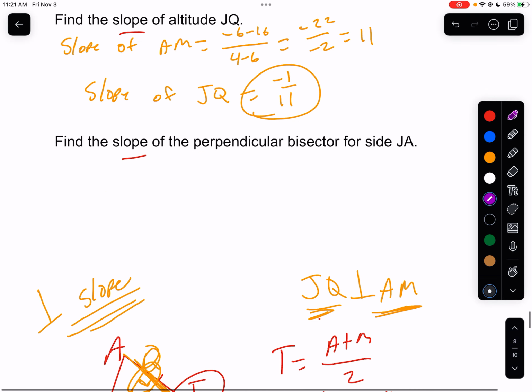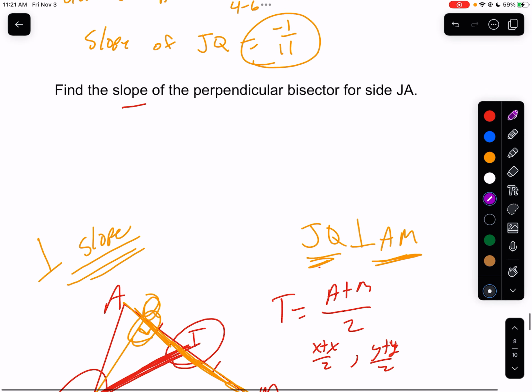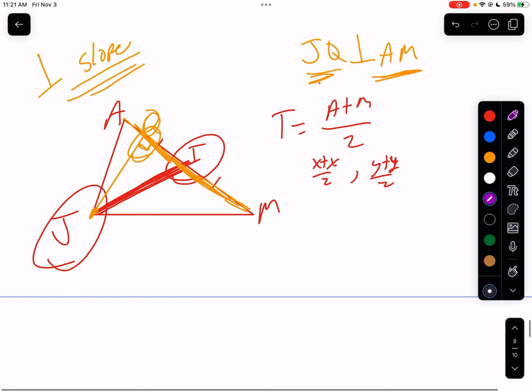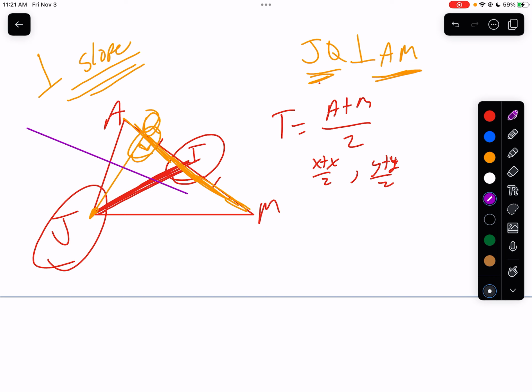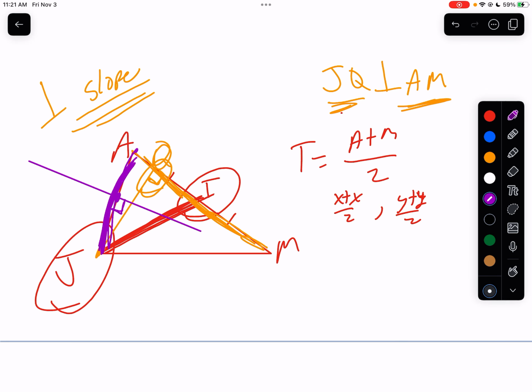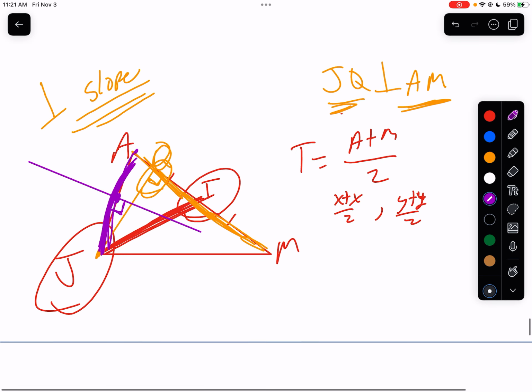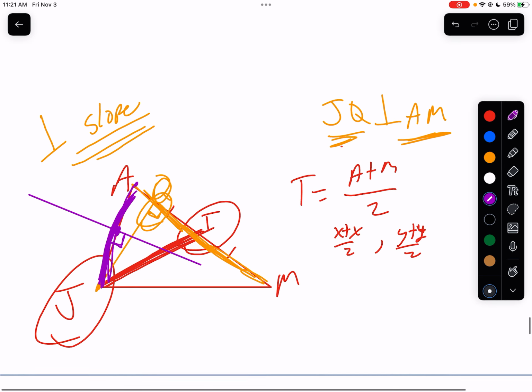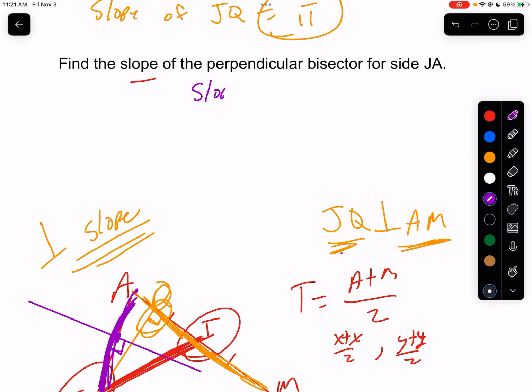And then the last one here, find the slope of the perpendicular bisector for side JA. Very similar idea. What does it have to do? It has to be perpendicular at the midpoint. We know that this perpendicular bisector will be perpendicular to JA. So I'm going to get the slope of JA.